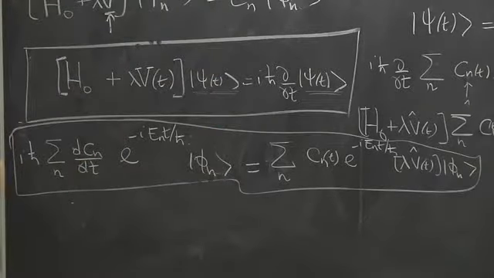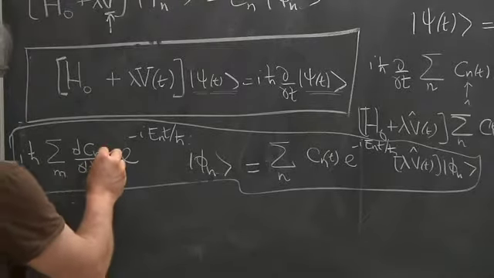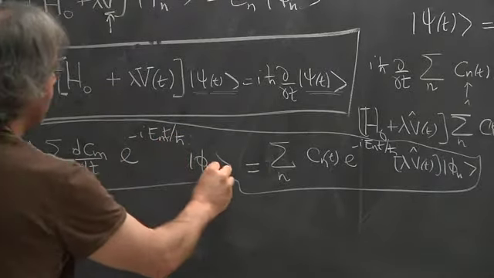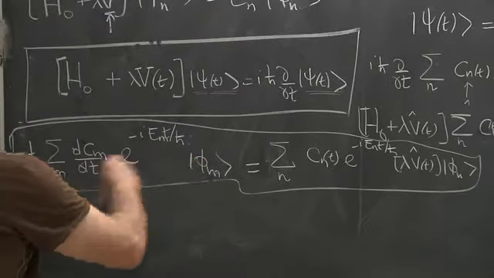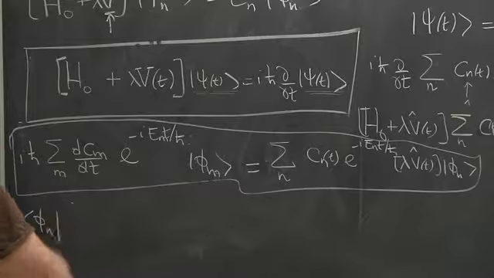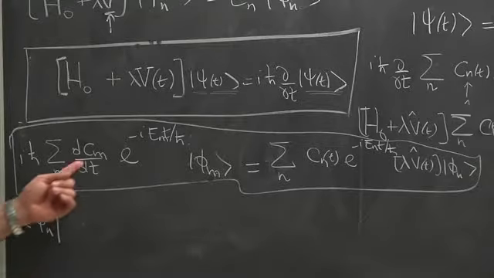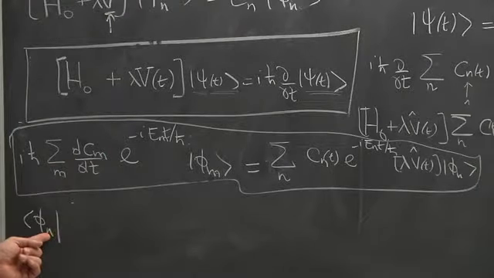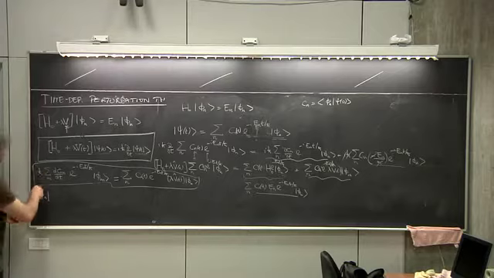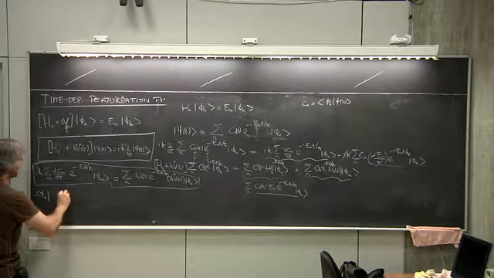For instance, let me call this the sum over m. I take the scalar product with phi n. This will take out of the sum only one contribution surviving, the one where m is equal to n. So by doing this, I am able here to extract it.